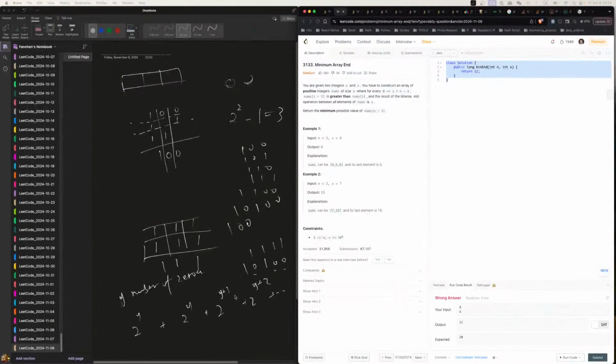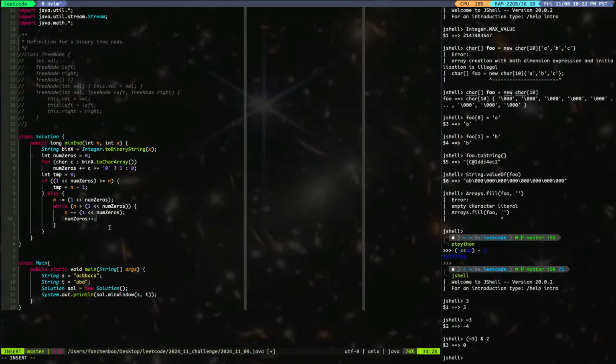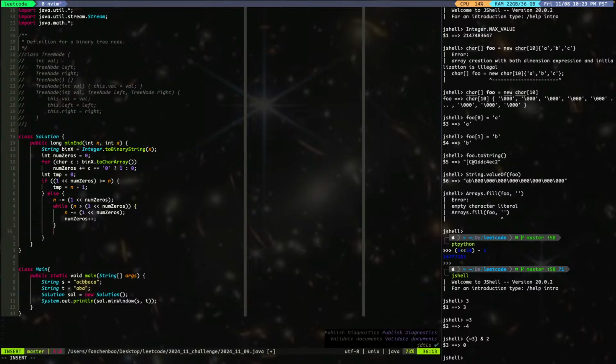Because num zero we can add, right? So we try it again, we just keep reducing until at one point n minus this, and then the next round it's going to be smaller, okay? N is going to be smaller. So n is smaller than the next one, so that will be n. Now we can say temp shall equal to n minus 1, okay?